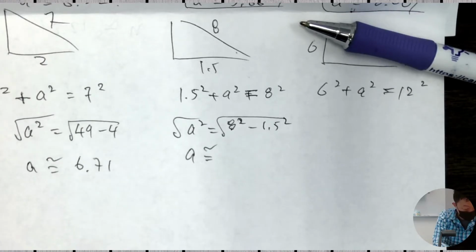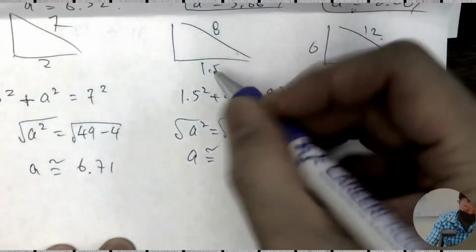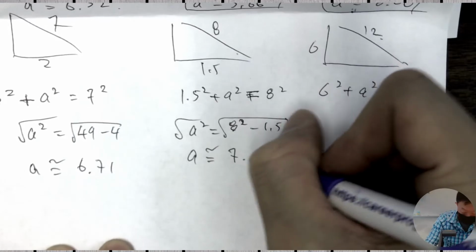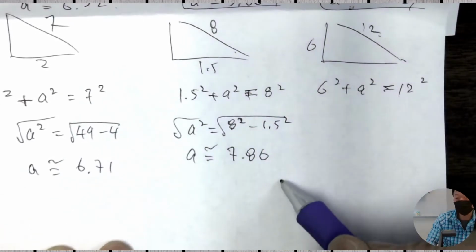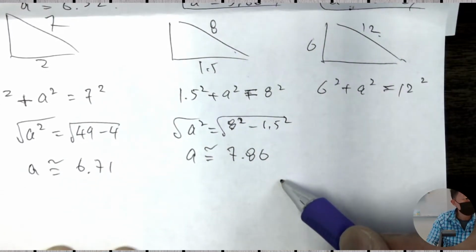So I got 64 minus 1.5 squared. It's 61.75, then square root the answer. 7.86. Do I have 7.86? Everyone have 7.86? James, you got 7.86?